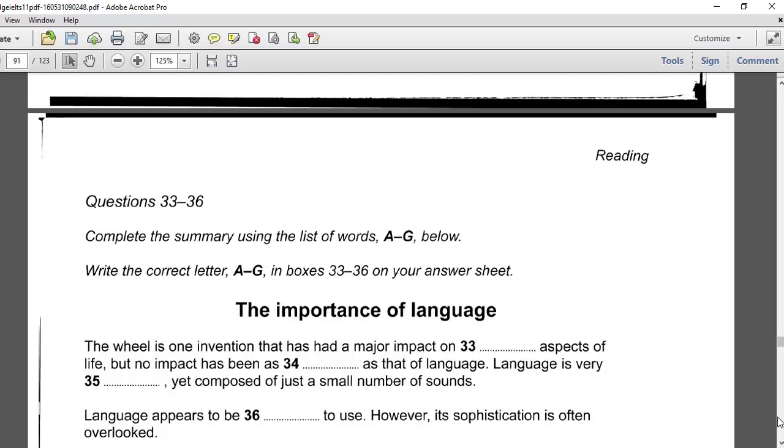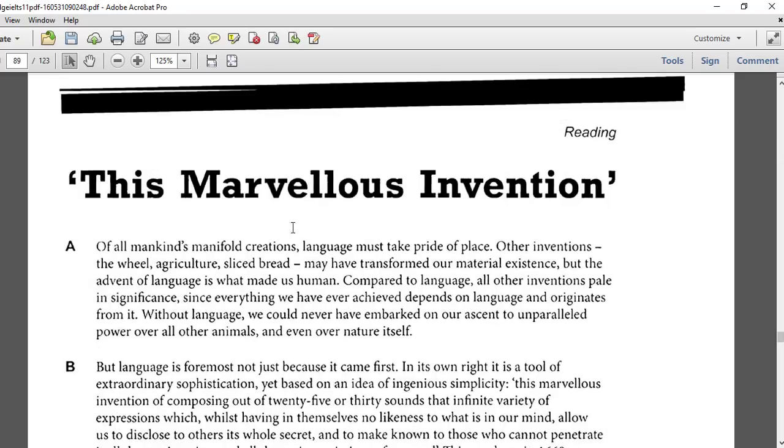Marvelous invention, the importance of language. The wheel is one invention. This was in the first paragraph. The wheel is one invention that has had a major impact on what aspects of life? But all kinds of other inventions like the wheel, agriculture, science, bread may have transformed our material existence.